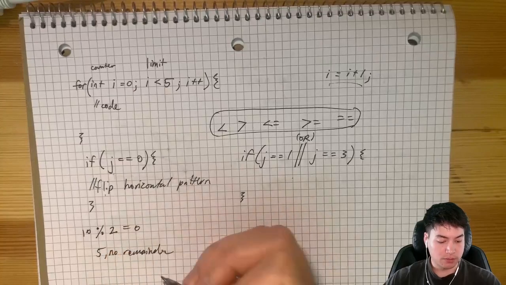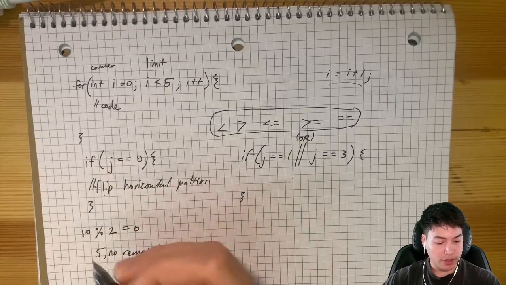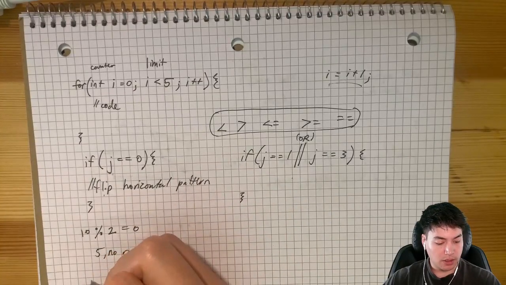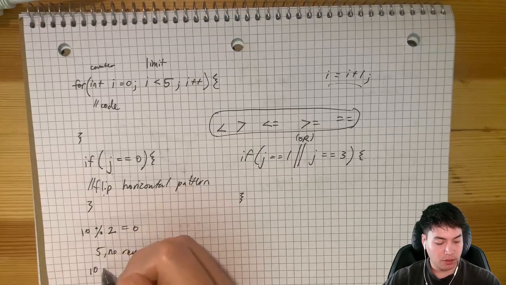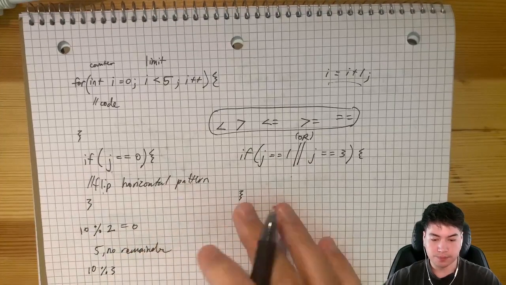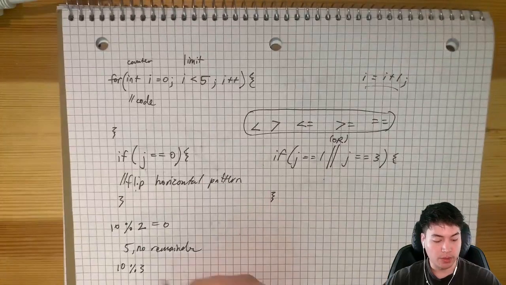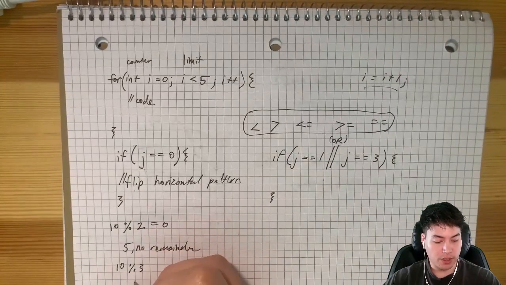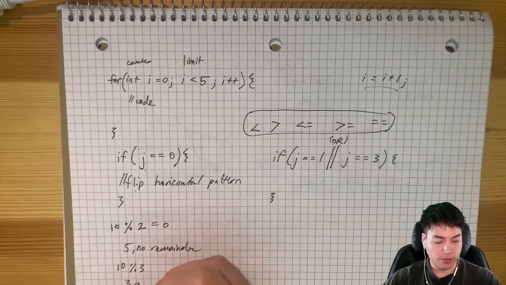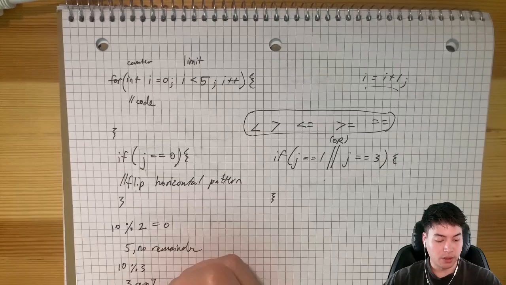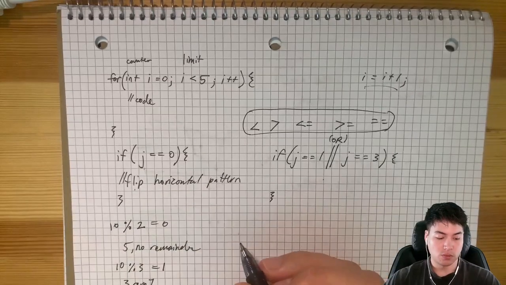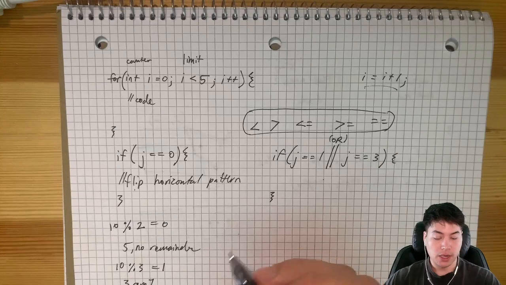So I'm going to get 0, right? If I say 10 modulo 3, right? What's going to happen is 10 divided by 3 is 3 with a remainder of 1. So this is going to return 1, right?